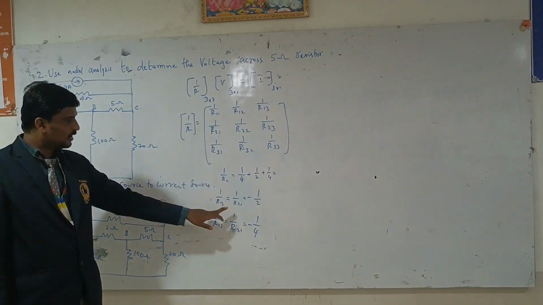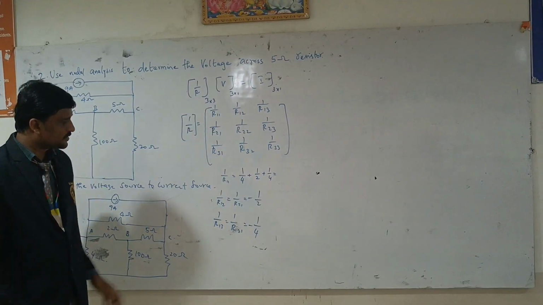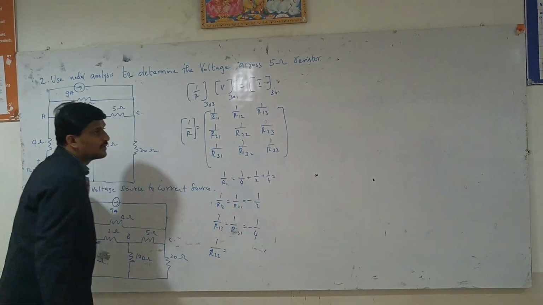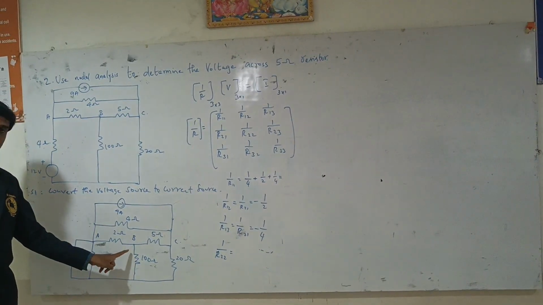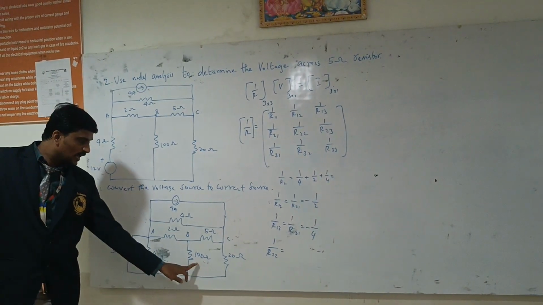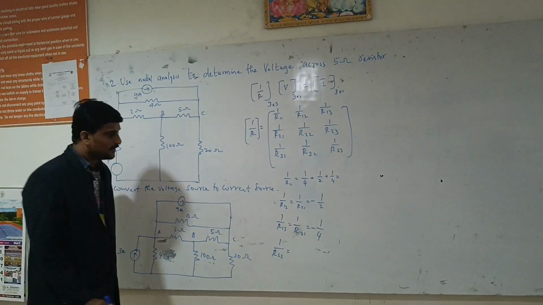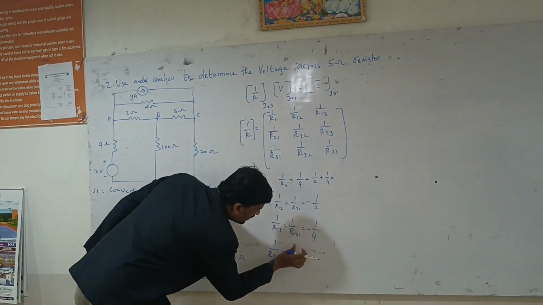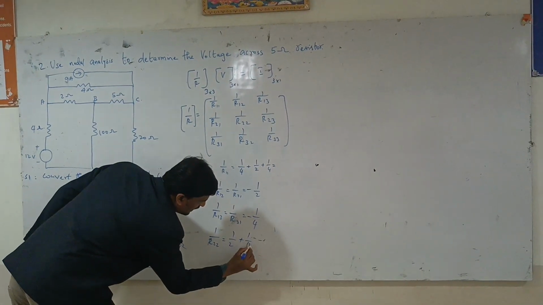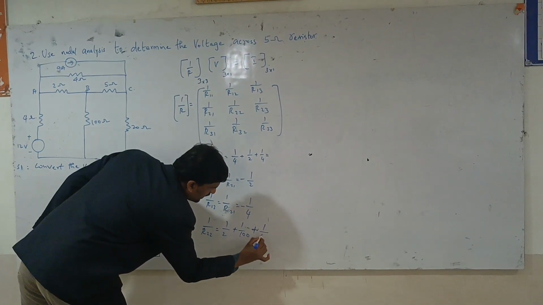And we have already found 1 by R21. And next one, 1 by R22. So the sum of reciprocal of all the resistors connected to node B: 2, 0, 5. So 1 by 2 plus 1 by 20 plus 1 by 5.